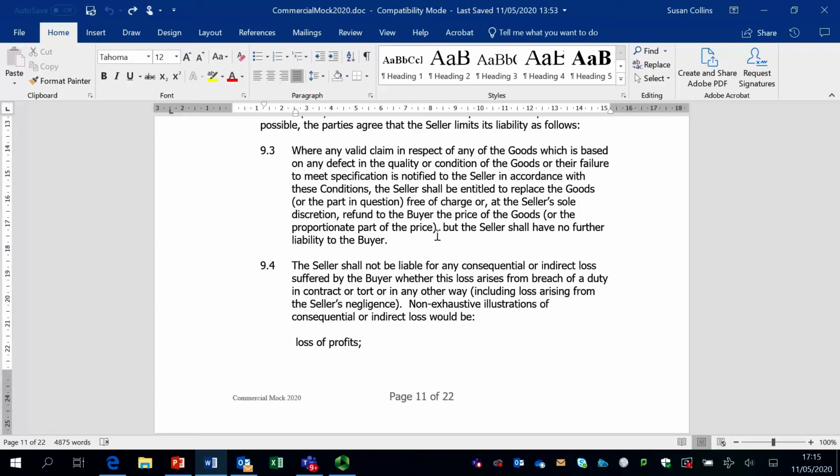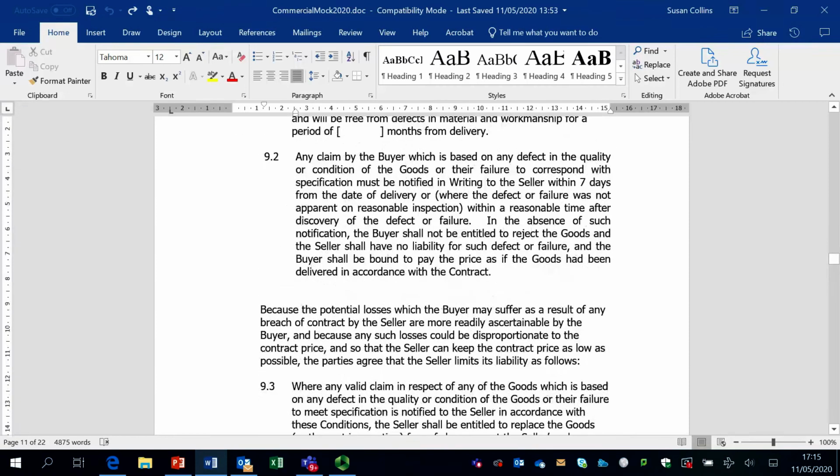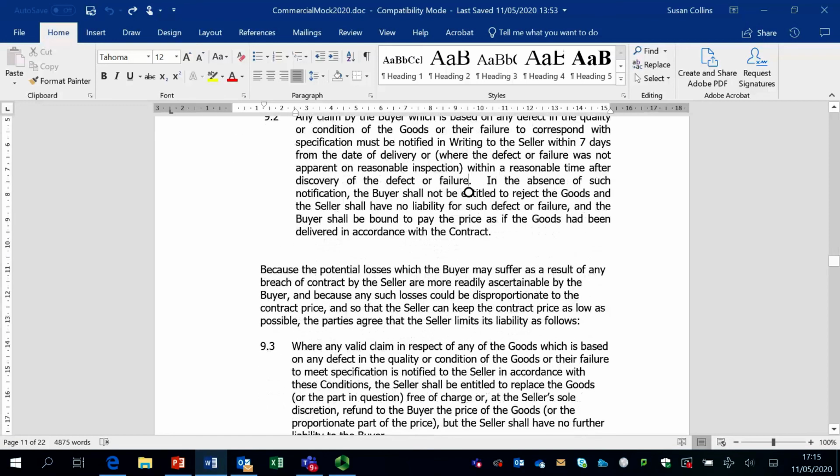All right, so just to make the point then, in 9.4, they've excluded indirect consequential losses, but loss of profit is not necessarily indirect, and therefore would not necessarily exclude on its construction direct profits, which would fall, of course, to be considered then under 9.1, 9.2 and 9.3 in the usual way. So that would be something to bear in mind there.